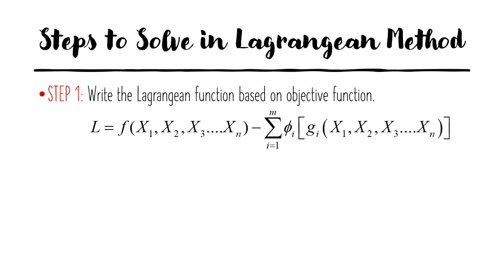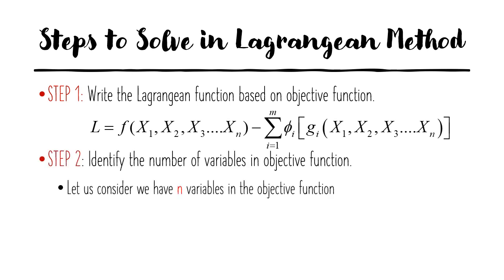After we complete this step, we go for step 2: identify the number of variables in the objective function. This number of variables is denoted as n. For example, if my objective function has x1 and x2, n is equal to 2. That is my step 2.